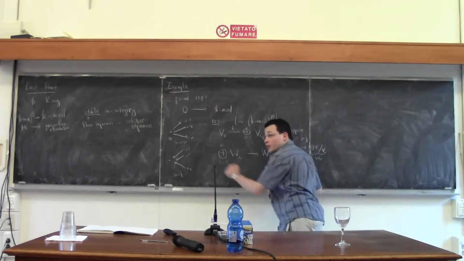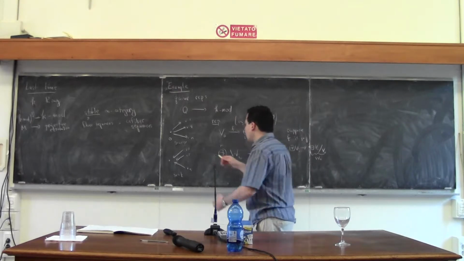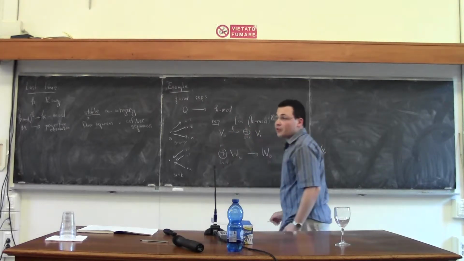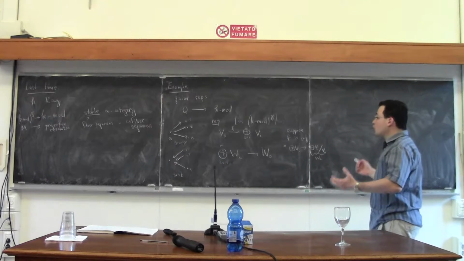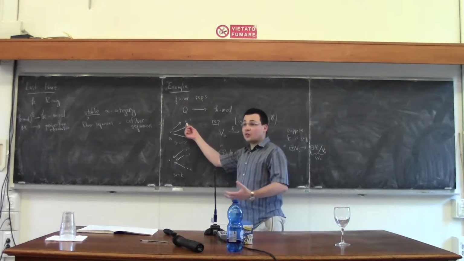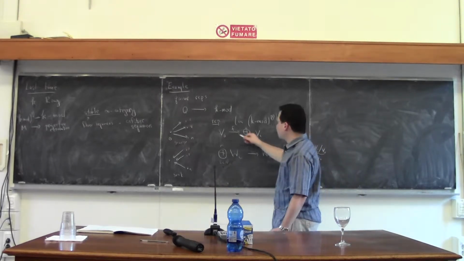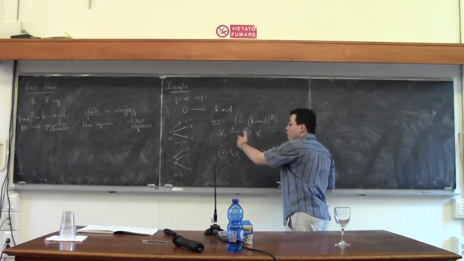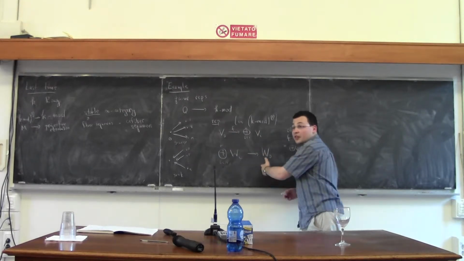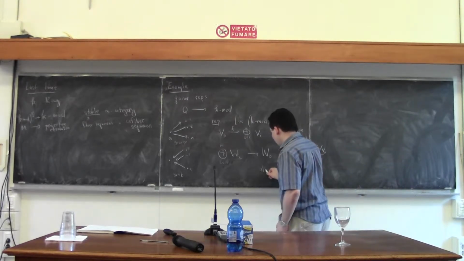We get a representation of this quiver. Similarly, here, if this map is surjective, we can take the kernel of this map and we get a representation of this quiver. So it looks like this procedure should give an equivalence between this quiver and this one. But of course it doesn't, because it only gives an isomorphism on the subcategory where this map is injective, or this map is surjective. So it is almost an equivalence.